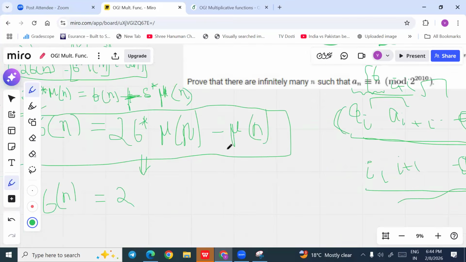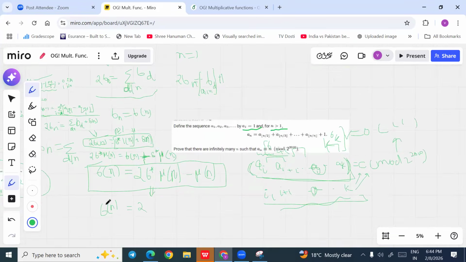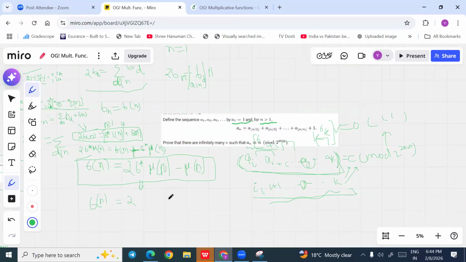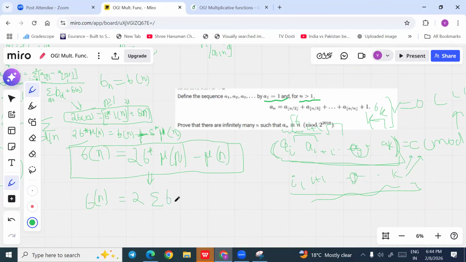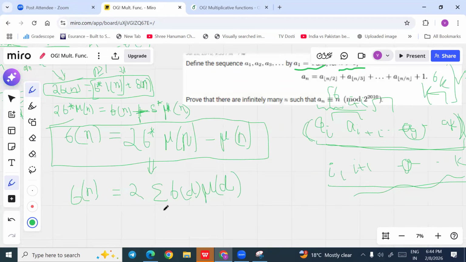So to construct such a large sequence, we'll just expand this: b_n = sum of mu(d) times b_{n/d}... where d divides n, minus 1.